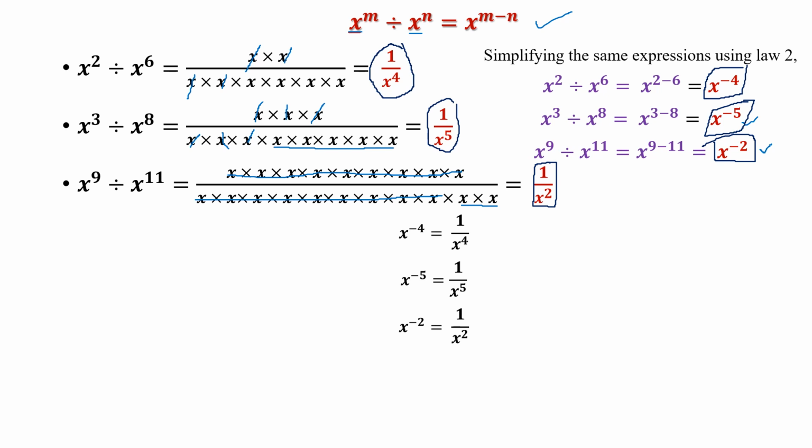From these three results, we can conclude that even if we have x to the power, for example, minus 20, this will also simplify to 1 over x to the power 20. Then let's generalize now. So we are saying if we have x to the power minus n, this can be expressed as 1 over x to the power n.